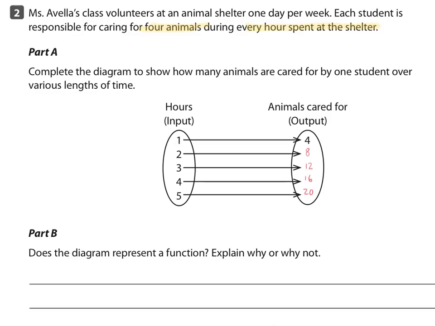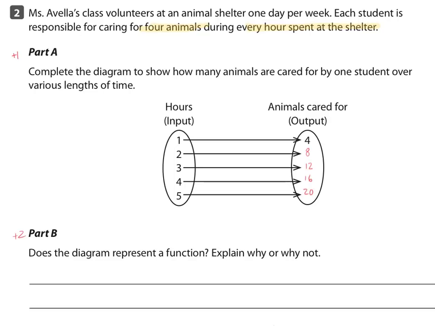In this case, it is a function because the inputs don't repeat and they're going only to one output value. This question is worth 1 point for part A, and then you also have 2 points for part B for having the correct explanation and determining whether it's a function or not. So we're going to put a +1, then we're also going to put a +2.